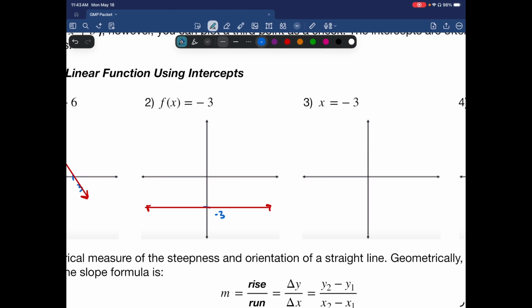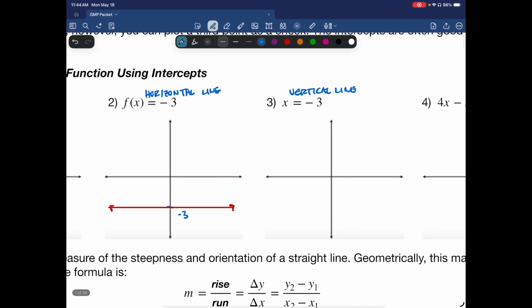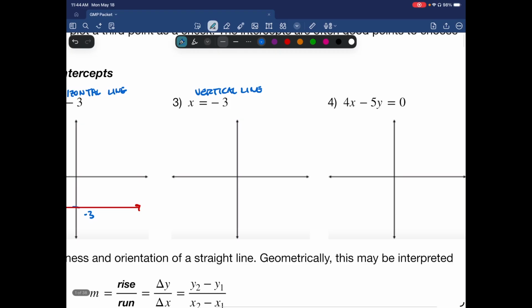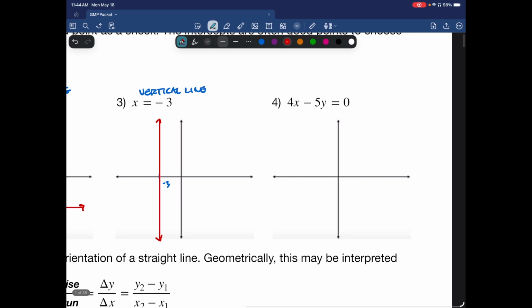Similarly on number 3, this one is a vertical line. Okay, so for x equals negative 3, I got negative 3 right here, and then I draw my line. There you go.